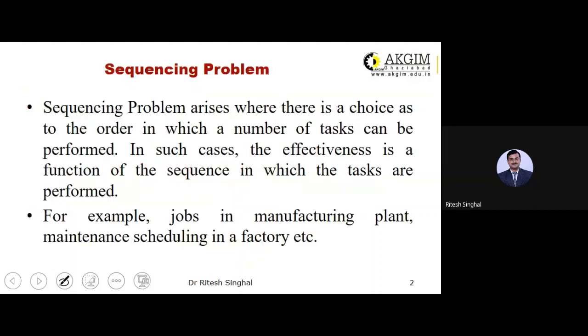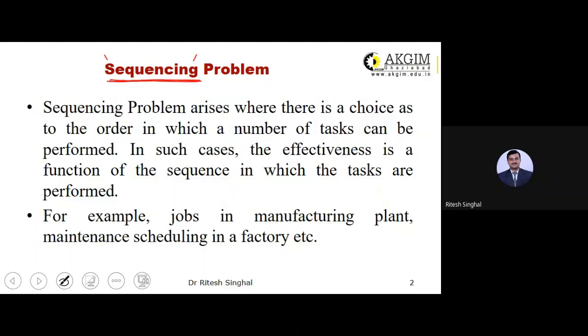Okay, so students, the term sequencing means that when you are going to arrange some jobs in some meaningful sequence, so that the total time taken by all the jobs is minimum.